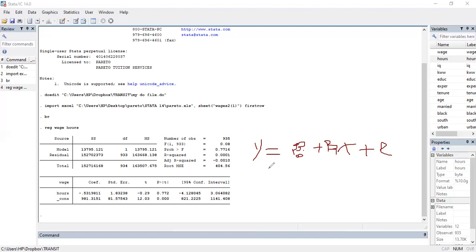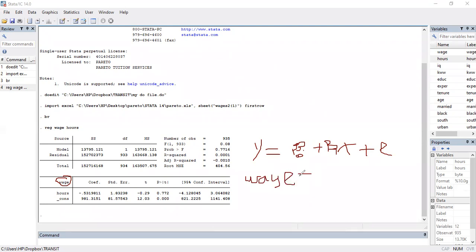Now, after you've gotten the model, we don't bring the error term again. So if you are asked to report this regression model here, our y, which is the dependent variable, is the wage. That is what you see here. So you write your wage.